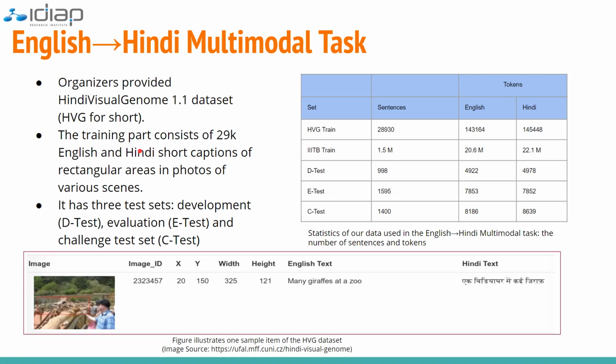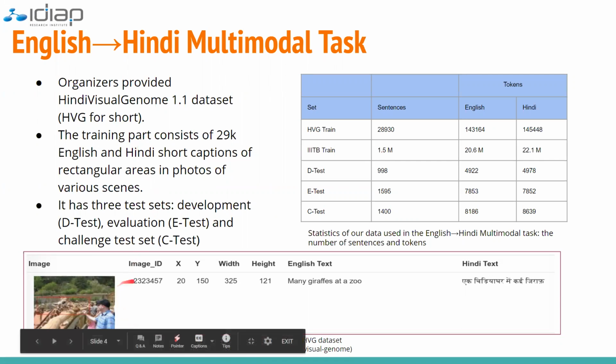Second is Hindi image captioning, and third is using text as well as image for multimodal translation. The dataset consists of images with a highlighted region, and they have given the coordinates like X, Y, width and height of this particular region.